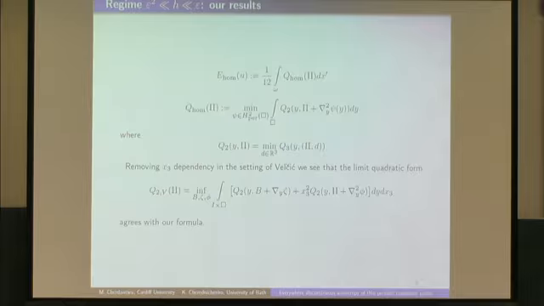Okay, we can compare our results to what Velcic has obtained in this regime. So if we remove x3 dependence from his setting, we can actually drop one of the functions with respect to which we relax the problem. So we drop d, which corresponds to x3 relaxation.